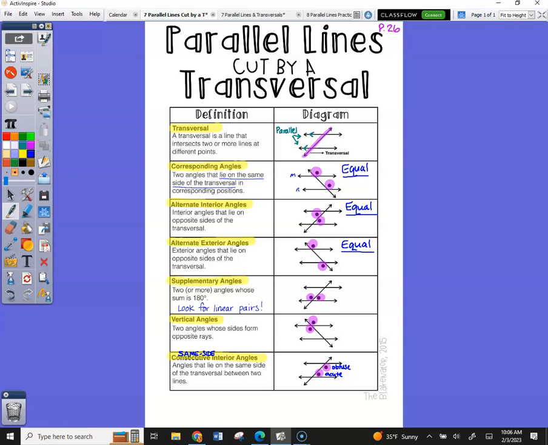Supplementary angles, you should already know this, then you should be writing this down. What do supplementary angles do? I'm going to make a note. Add to equal 180. Vertical angles, you should already know this. They're equal to each other, right?